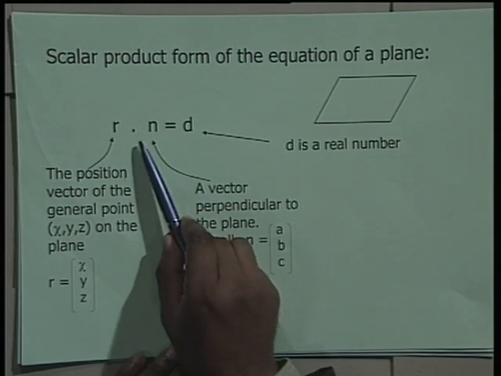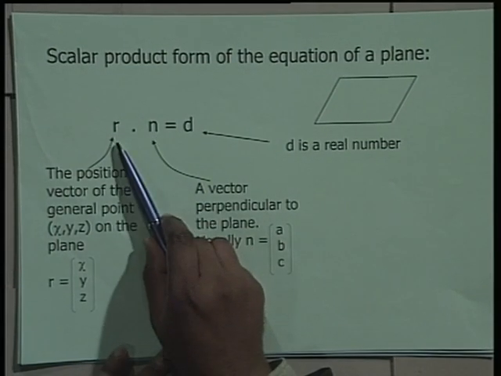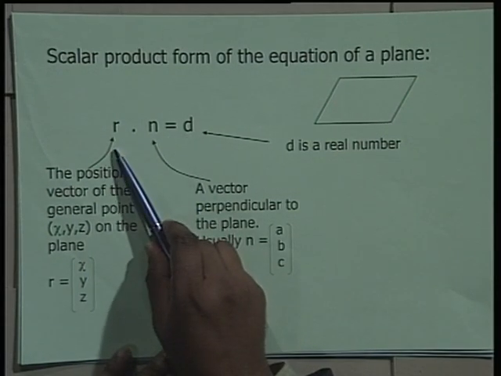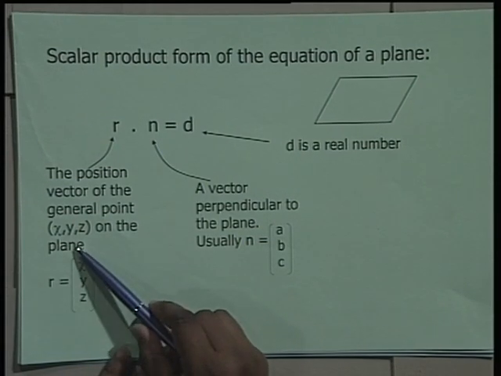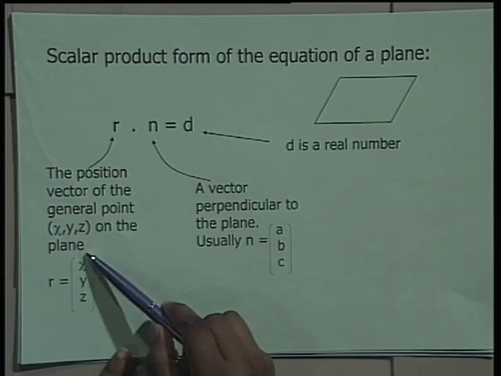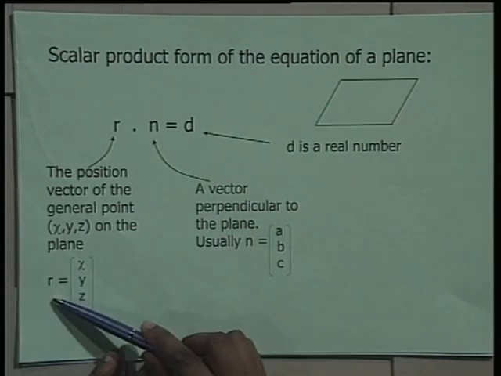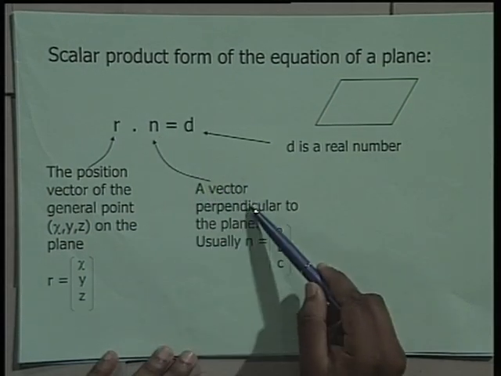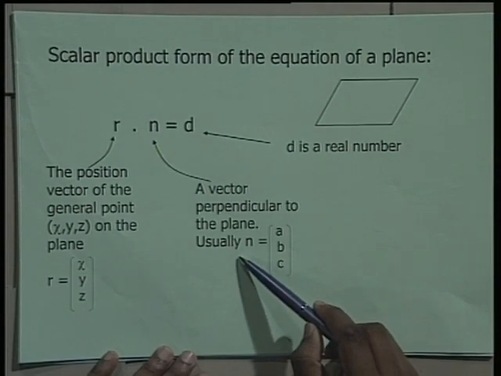In this form, the equation of a plane is expressed as follows: r dot n equal to d, where r is the position vector of a general point which we express as xyz on the plane. That is, expressed in terms of column vectors, r is x, y, z. n is a vector which is perpendicular to the plane.